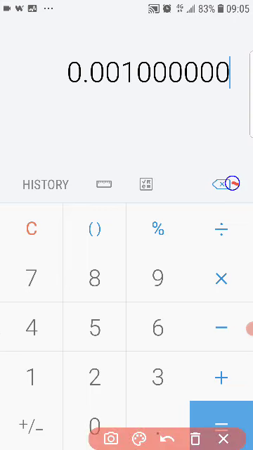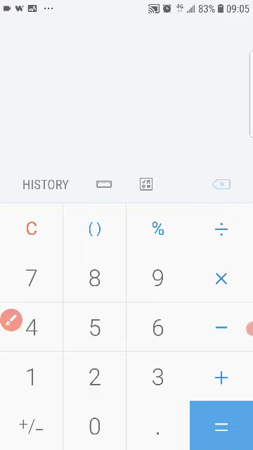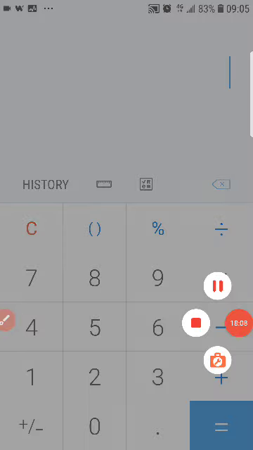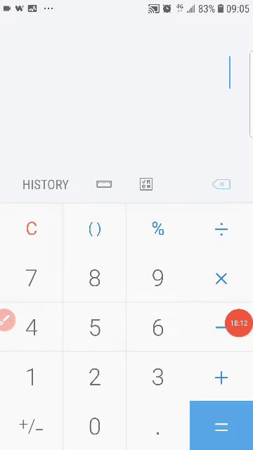okay, let me leave it here. So to get the current price, let me do the maths. Okay, so if I'm buying, I'm buying in Satoshi.